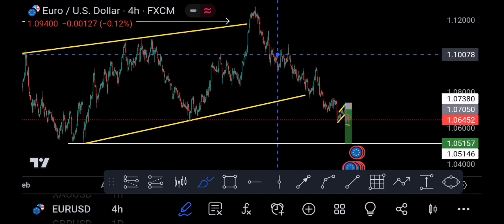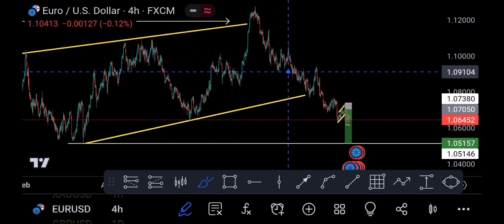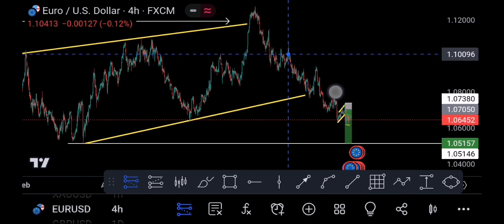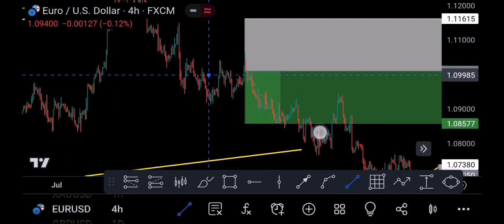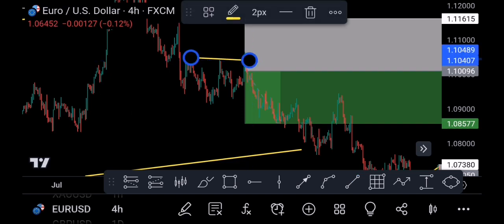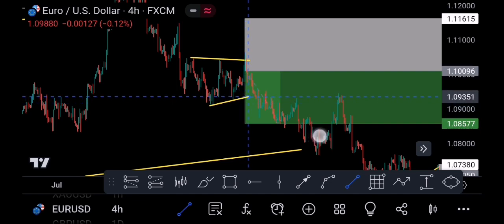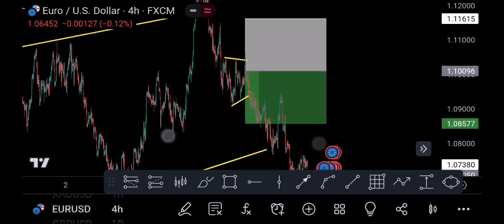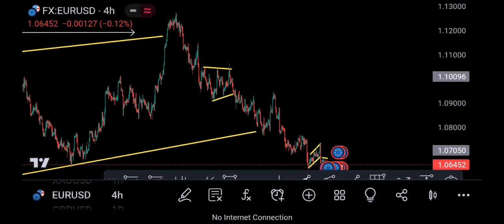If the market was around these areas over here, and I was to place a trade around here, I could have looked for this entry over here, because we can see that we formed a bear flag. This is where I could have taken the trade, but I missed it.